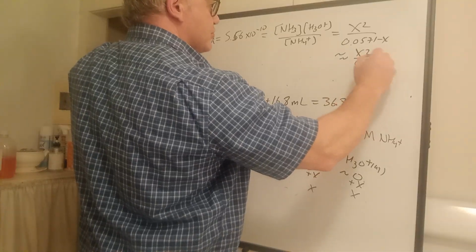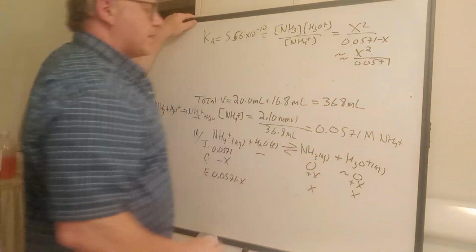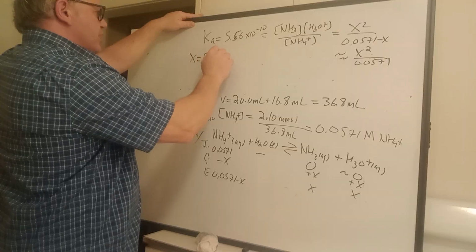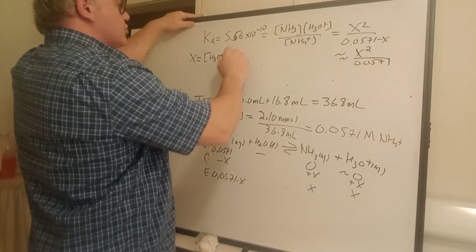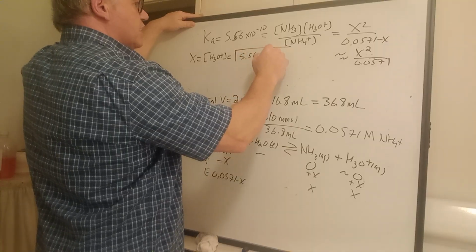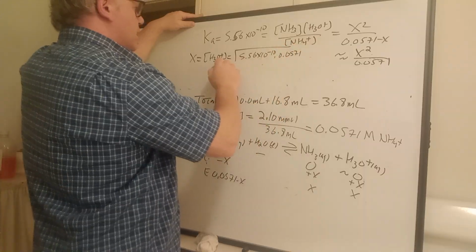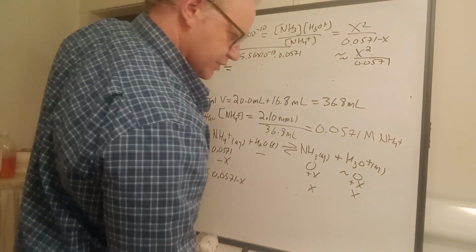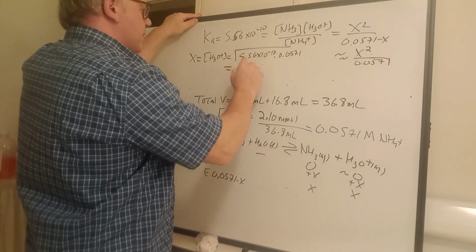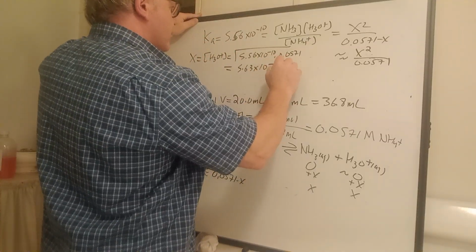Much like doing the quadratic equation for practice. X here is equal to the hydronium ion concentration, and that's going to be equal to the square root of 5.56 times 10 to the minus 10 times 0.0571, and that gives us 5.63 times 10 to the minus 6 molar H3O+.